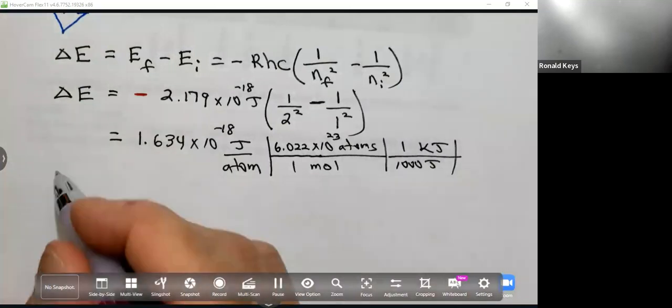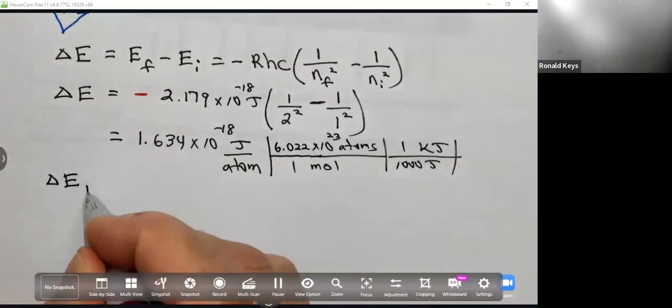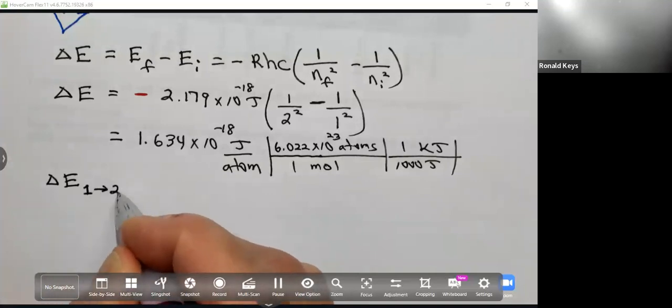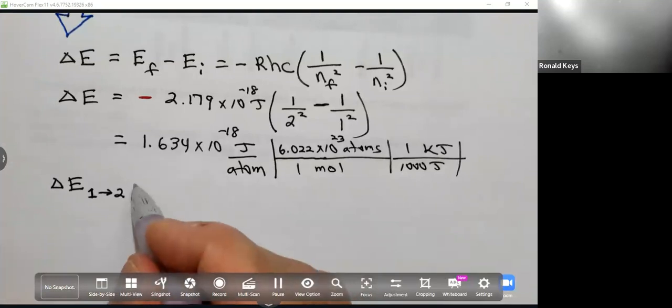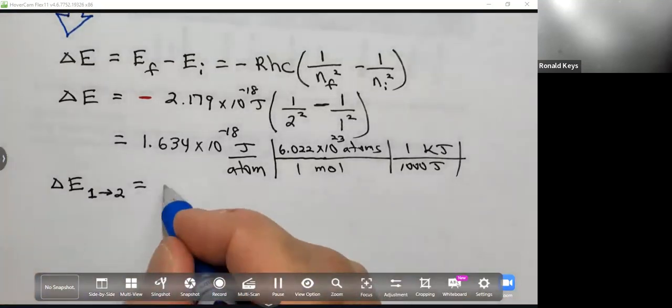And I think that change in energy to go from level 1 to level 2, we get the number up above.